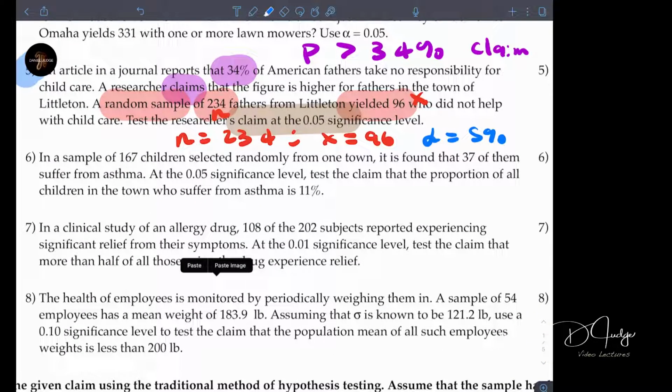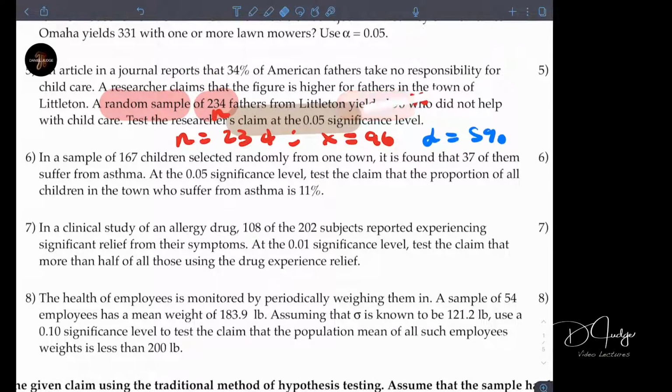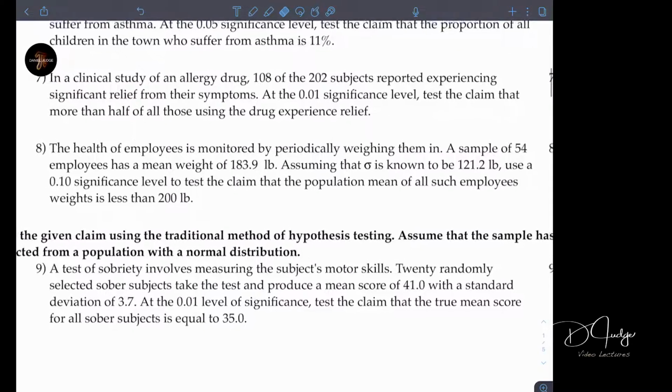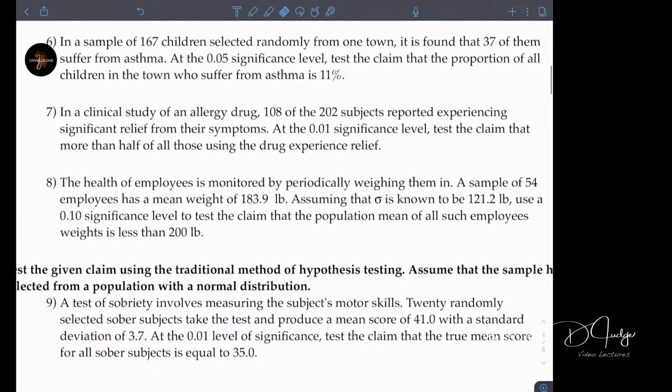Let's see about number 7, all right? Number 7 on that homework sheet. Here we go. Let's see what this says. In a clinical study of an allergy drug, 108 of the 202 subjects reported experiencing significant relief from their symptoms.